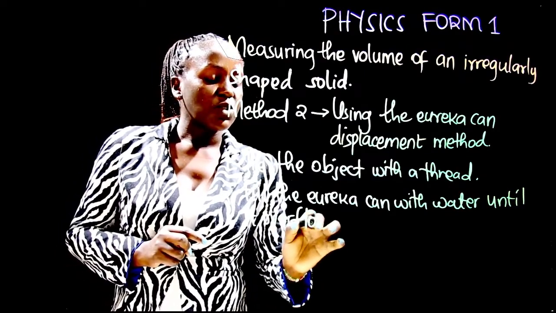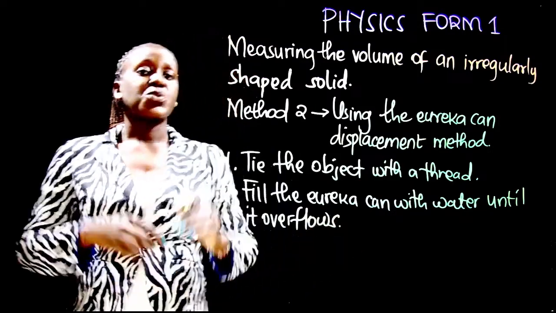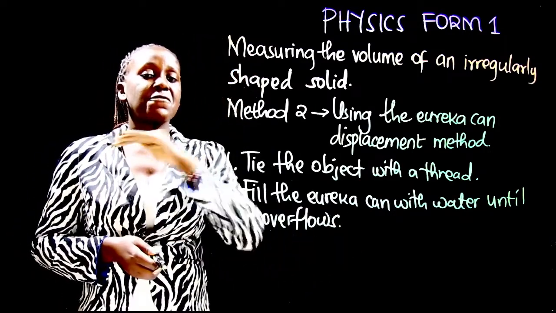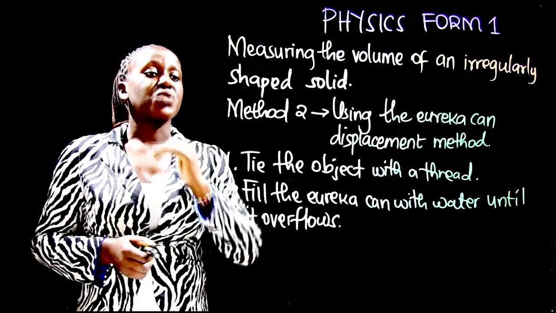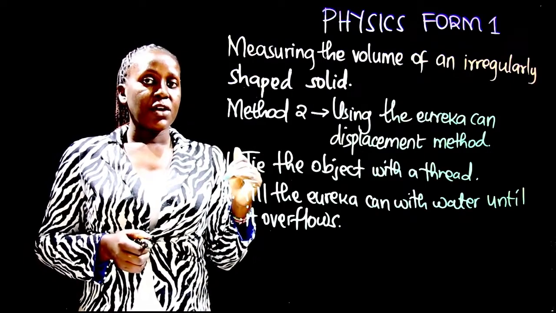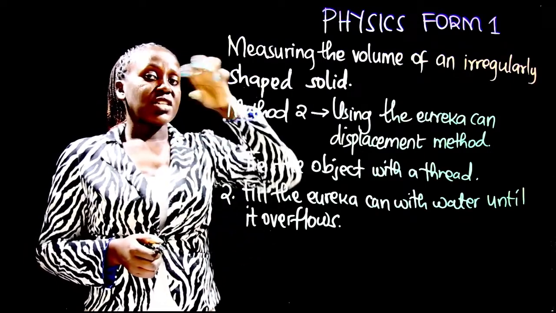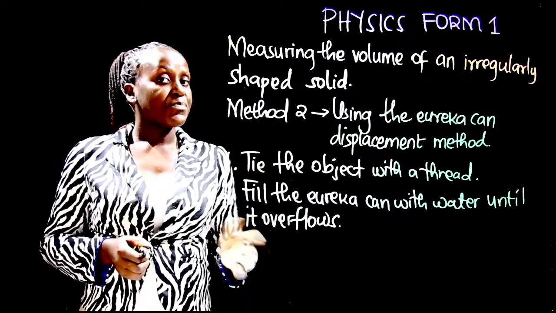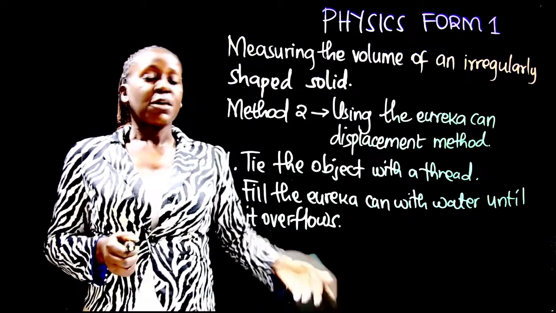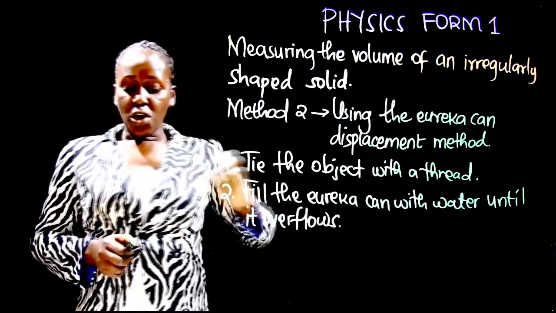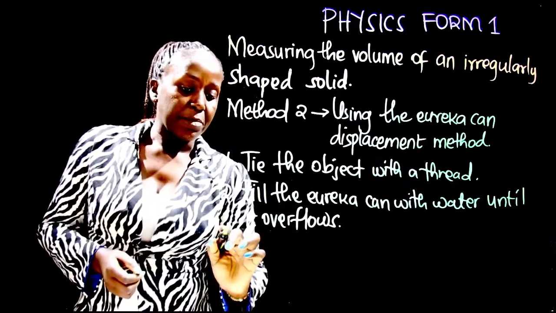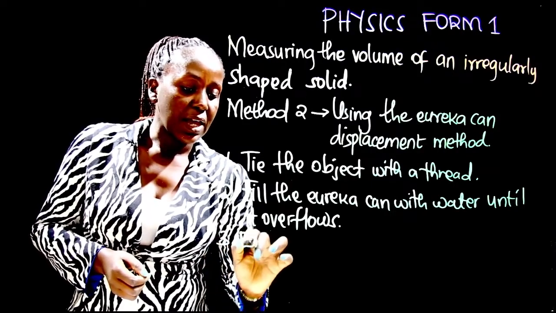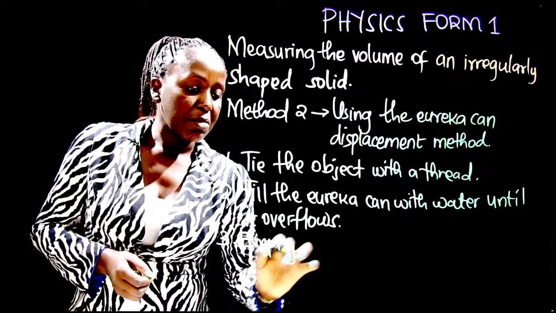We need the water to overflow so that we are sure that we have filled the Eureka can to the brim. Any amount of water that overflows into the beaker, what do you do with it? You pour it out, because we don't need that. So you empty the beaker.